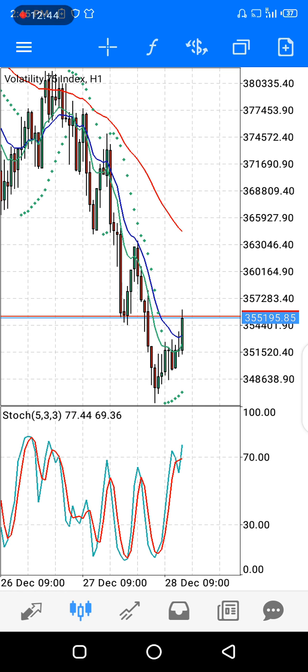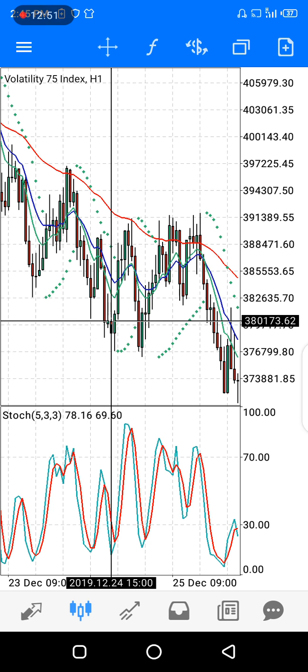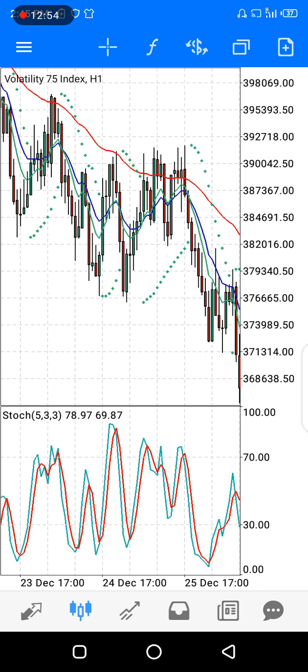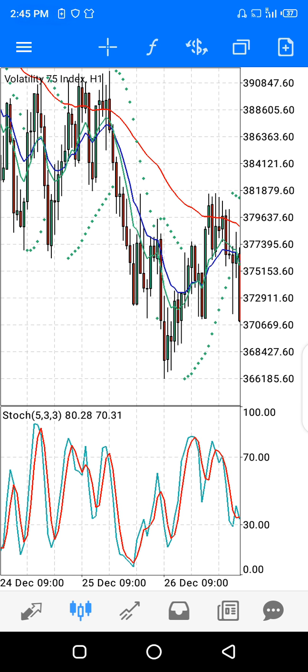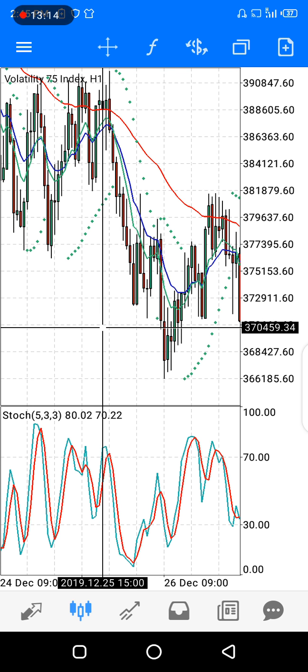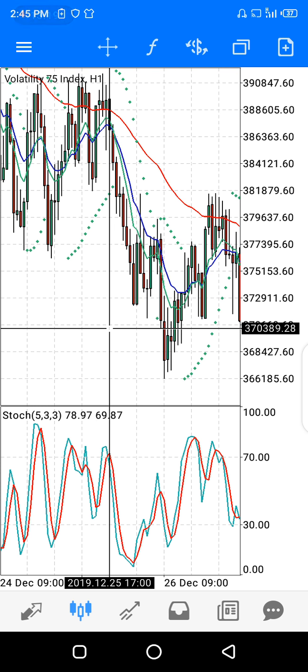Always make sure before you put in an entry, the candle must be closed. Wait for the candle with the stochastic crossing the 70 line to close. Here it is. This candle must be closed. This candle here also must be closed.